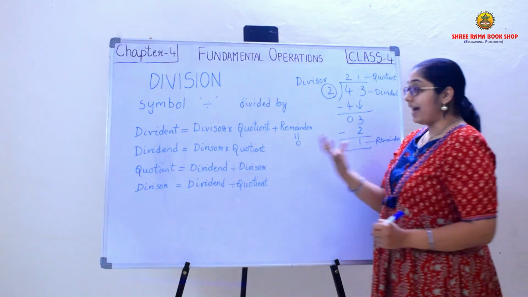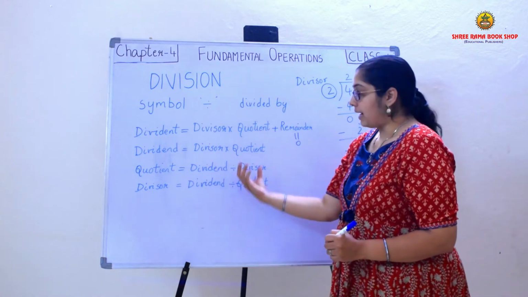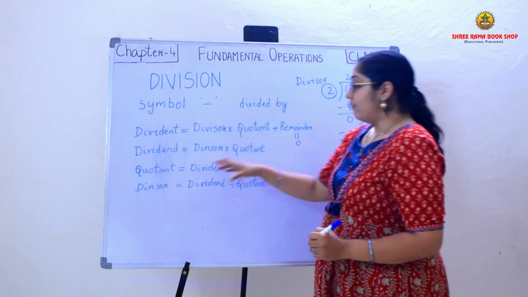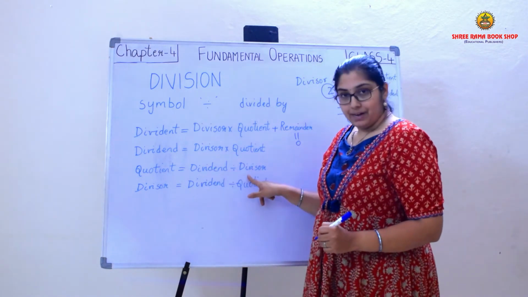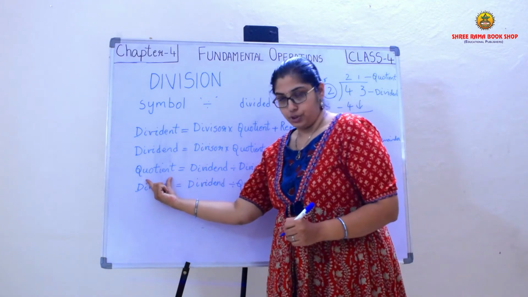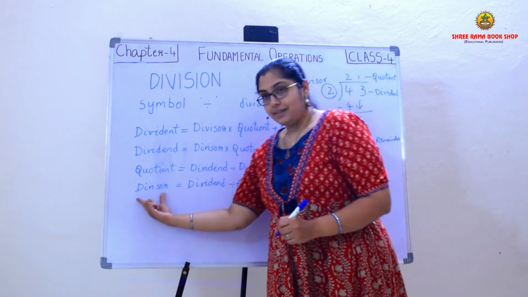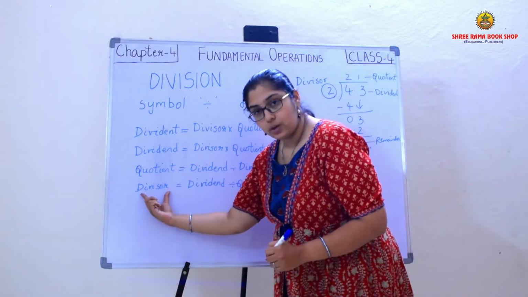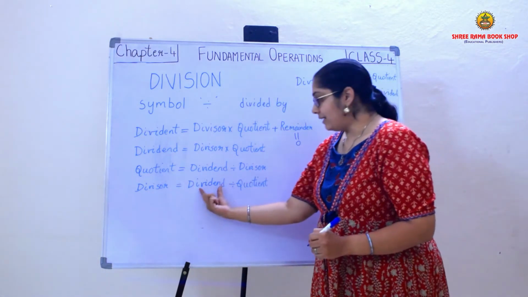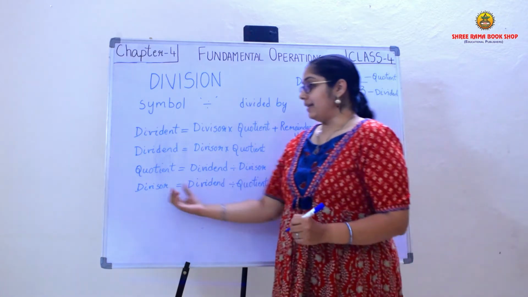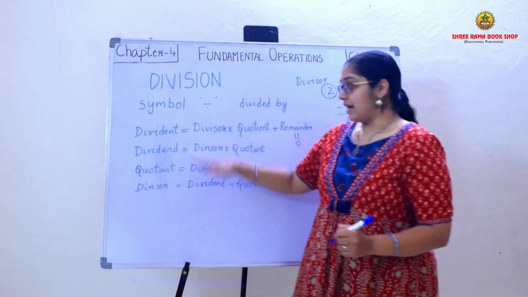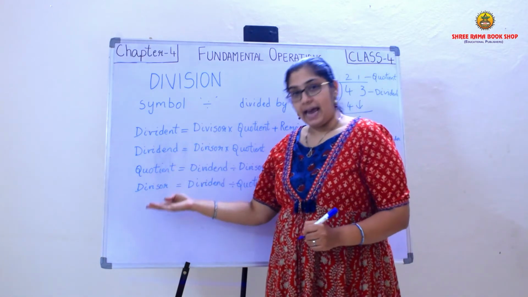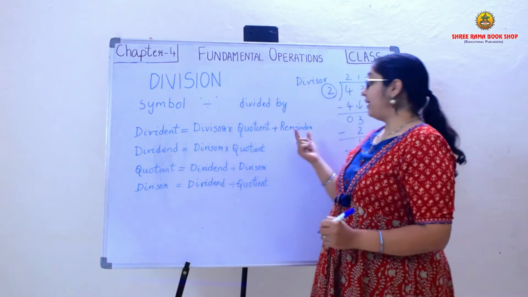Now if I have the dividend and divisor and need the quotient, I divide the dividend by the divisor to get the quotient. If I have the dividend and quotient and need the divisor, I divide the dividend by the quotient to get the divisor. This is how you use this single statement to find the dividend, quotient and divisor when the remainder is 0.